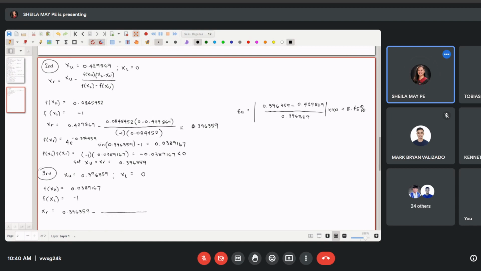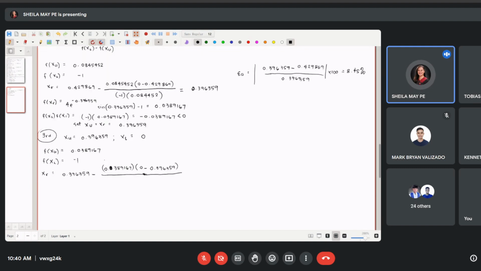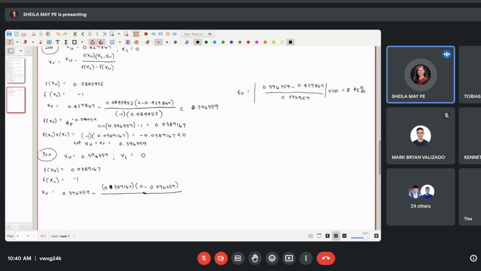minus function of our x sub u, that's 0.0389167, times x sub l minus x sub u, divided by function of x sub l, that's negative 1, minus function of our x sub u, that's 0.0389167.